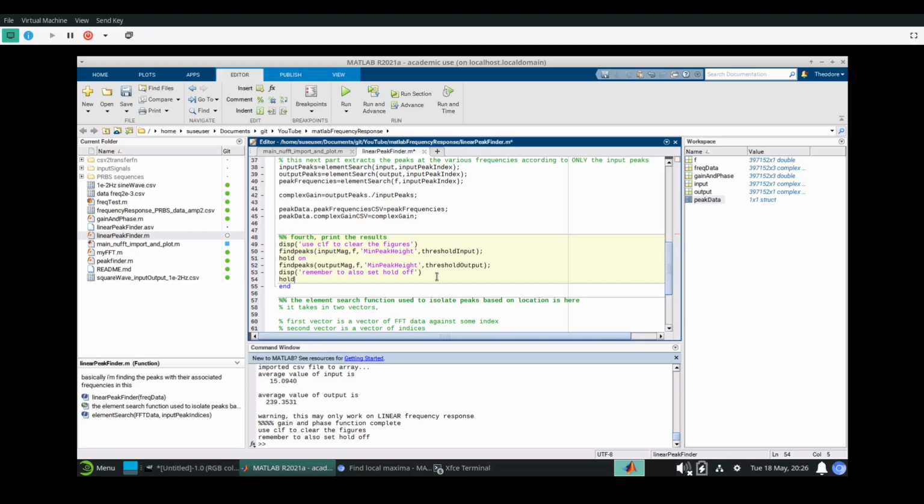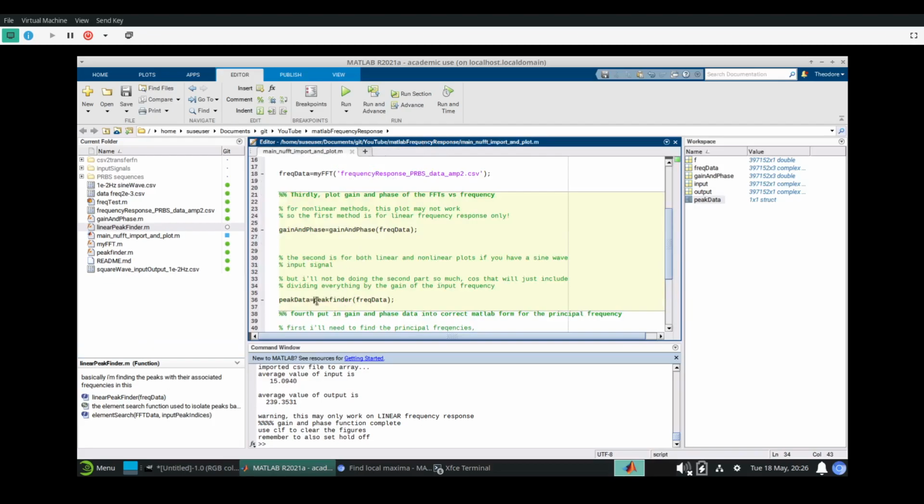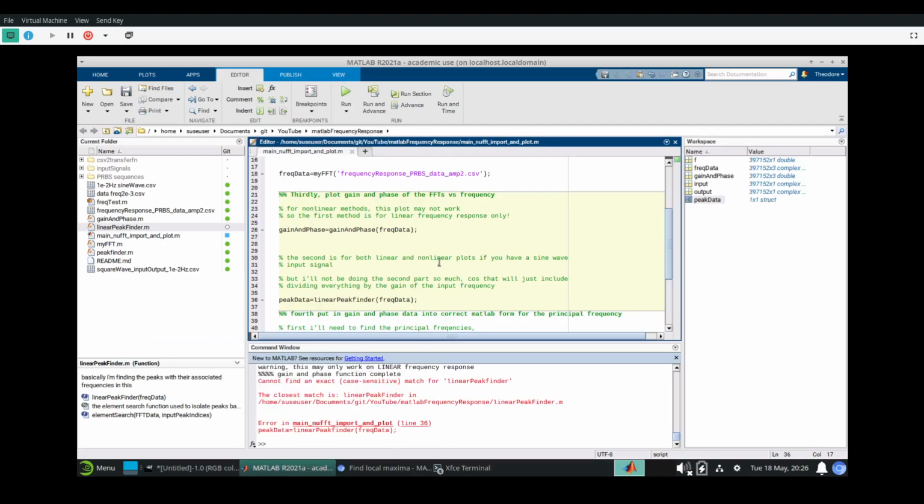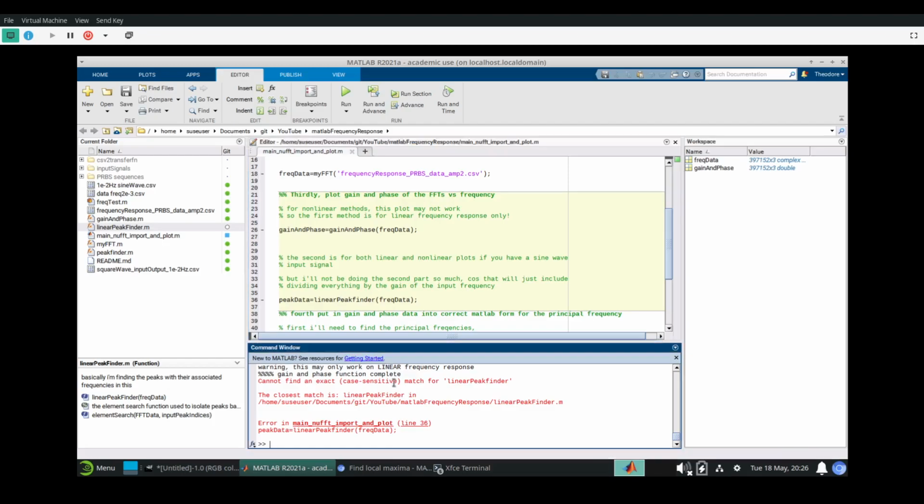I can put a hold off over here, and instead of using peak finder, let's use linear peak finder. Then you should see things slightly different. It says cannot find.